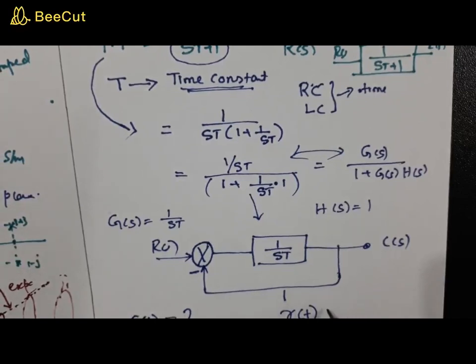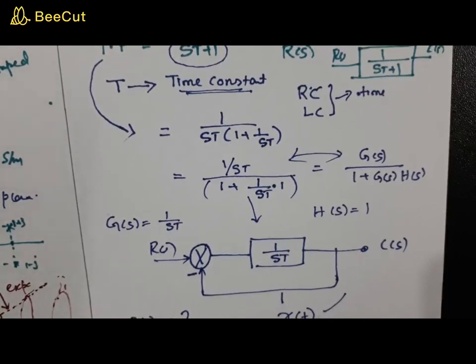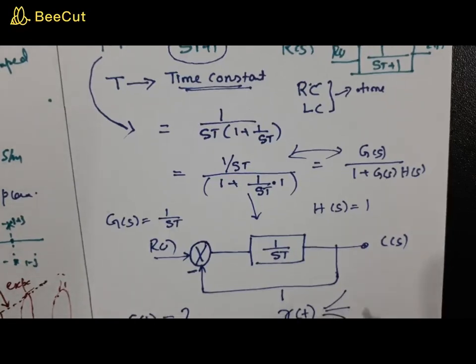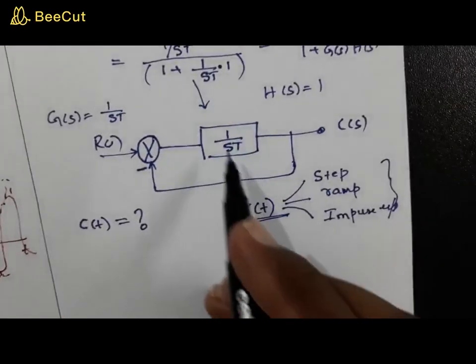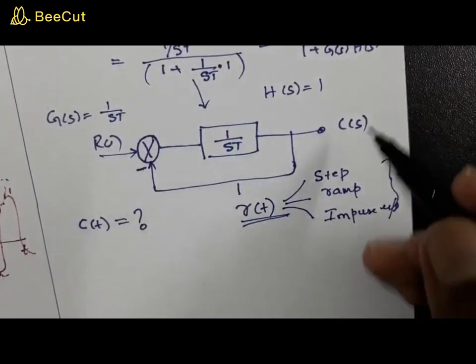The important test inputs that we studied: we started with the step input, then went on to the ramp input. In this case we are not considering the parabolic input, and another important input is the impulse input. So these are the three test signals that you are going to apply to this particular system.